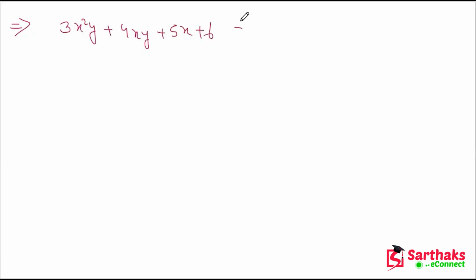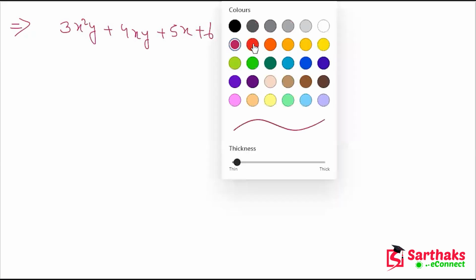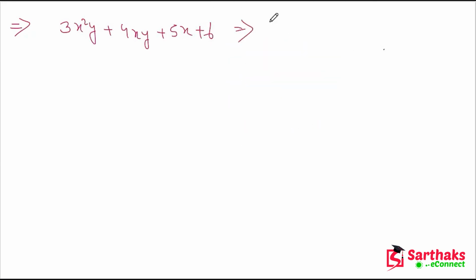So how many terms are in this? Can you tell me? There are 1, 2, 3, and 4. So there are 4 terms. So what are terms? Terms are the combination of constants and variables. I hope you get this point.